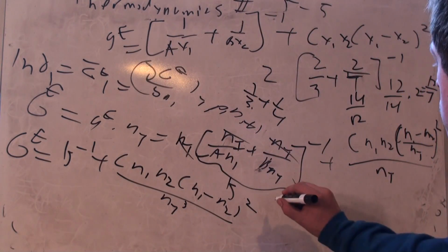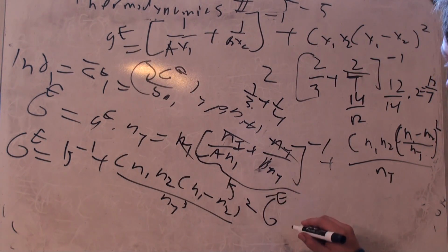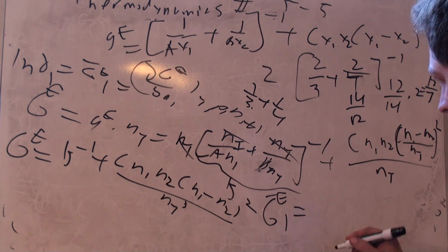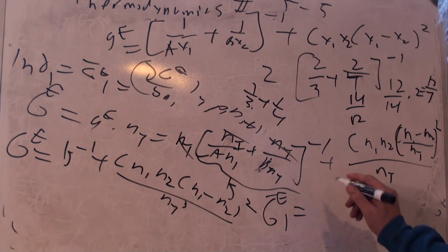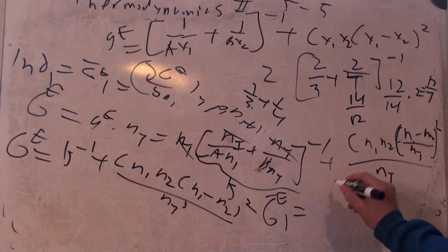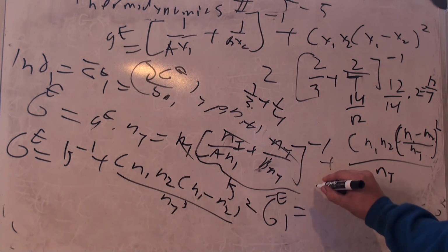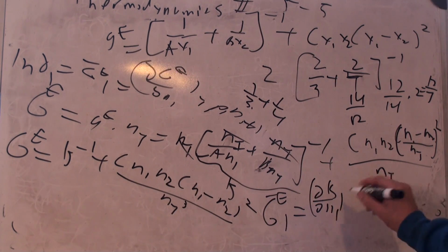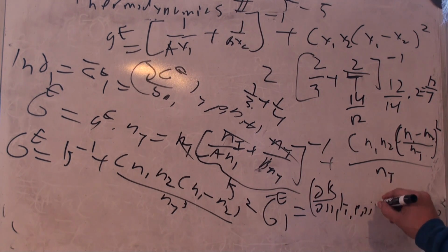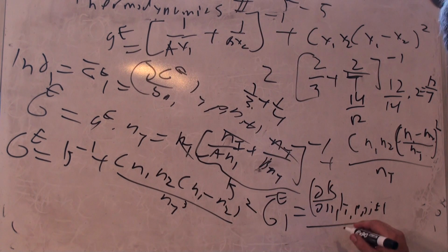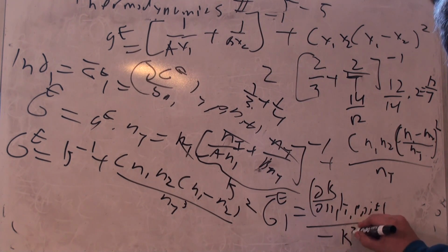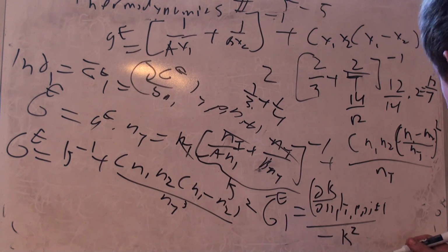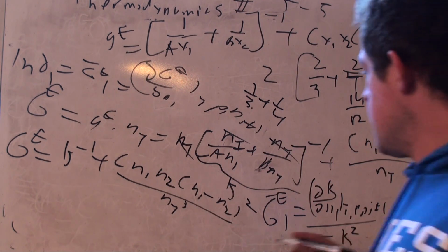So the partial molar excess Gibbs free energy of component 1 is equal to d kappa dN1 times 1 all over minus kappa quantity squared, plus this thing.